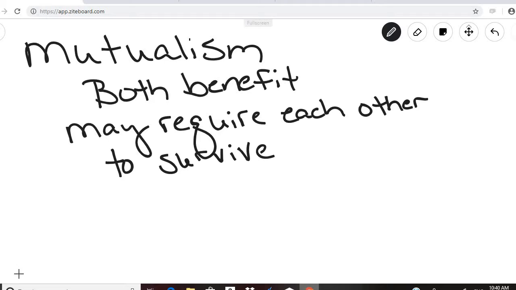Okay, so in the marine environment, there are a number of different examples of mutualism, and we'll look at some videos here.